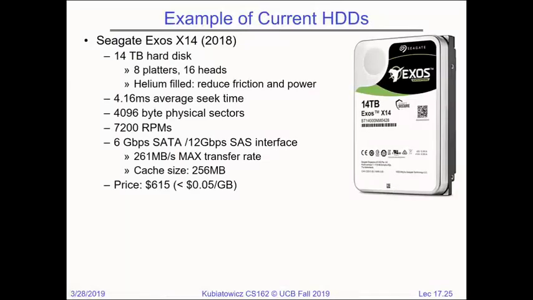So here's an example. I pulled this one out, very recent. This is the Seagate Exos X14. This is not shingled. This is just perpendicular recording, where the bits go through the media perpendicularly. 8 platters, 16 heads, helium-filled to reduce friction. It's got about a 4 millisecond average seek time. 4 kbyte physical sectors.